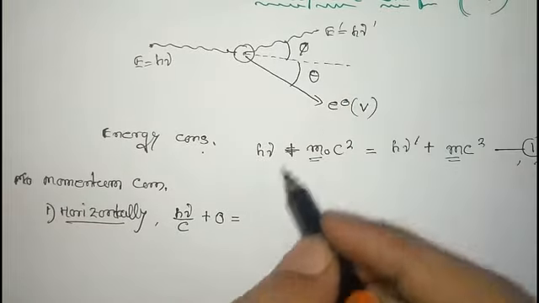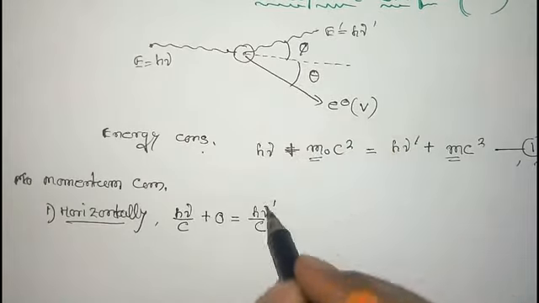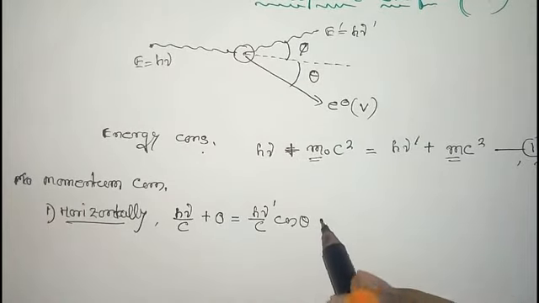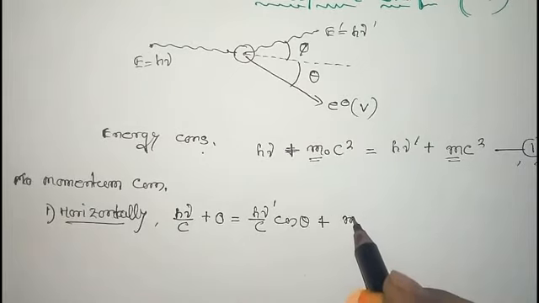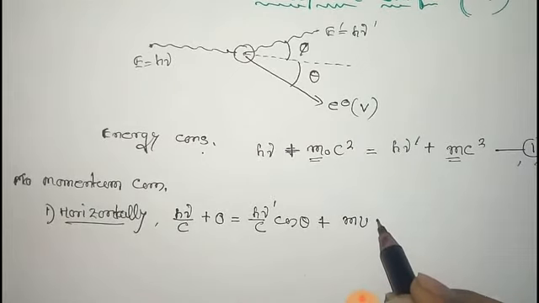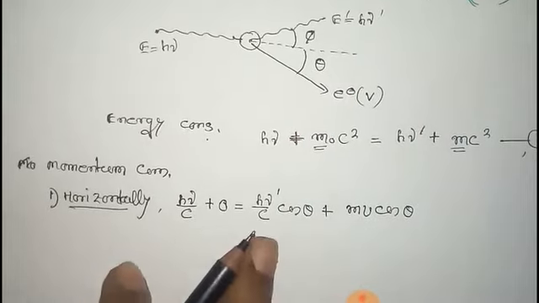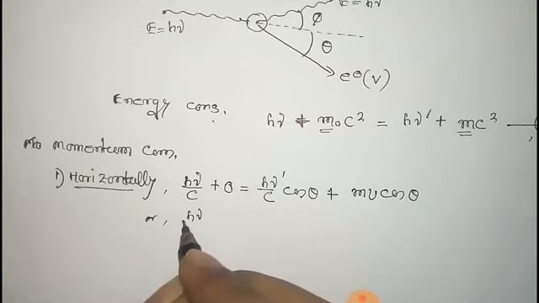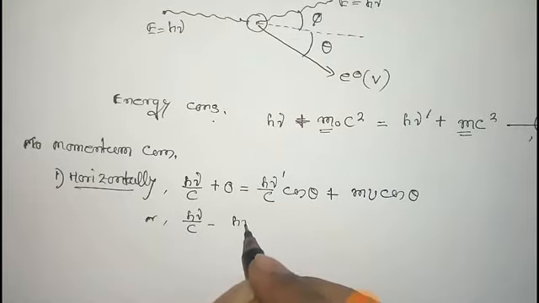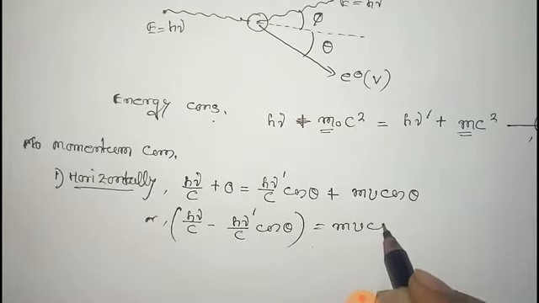After collision the momentum of the photon is h nu prime by c cos phi, plus the momentum of the electron after collision is mv cos theta. So h nu by c minus h nu prime by c cos phi equal to mv cos theta.